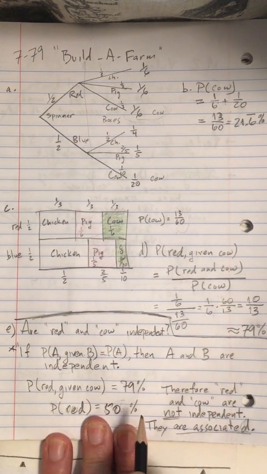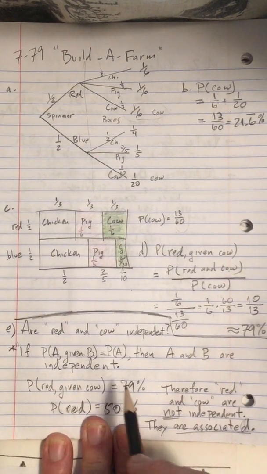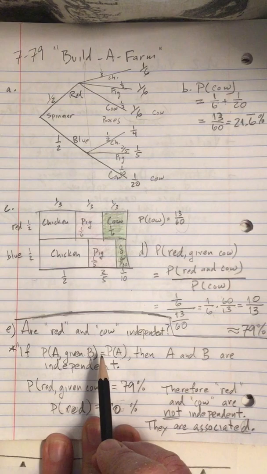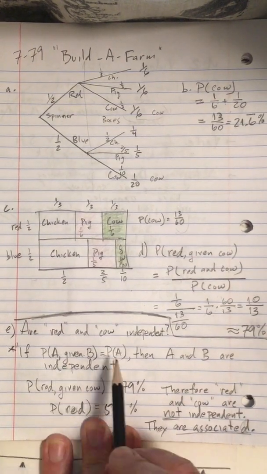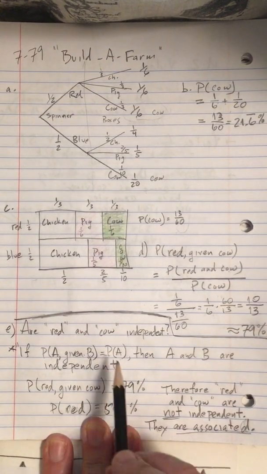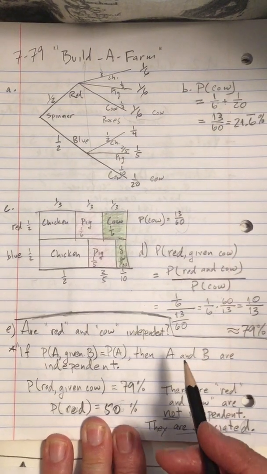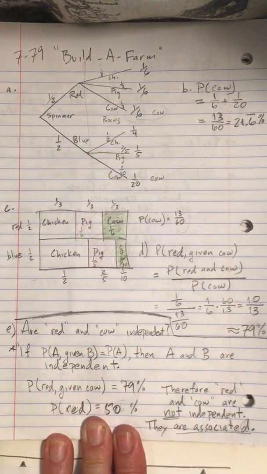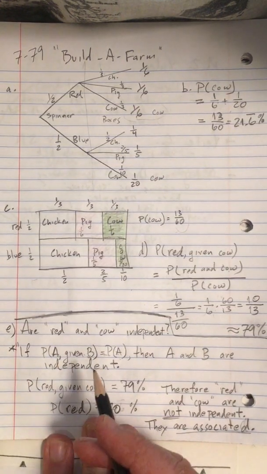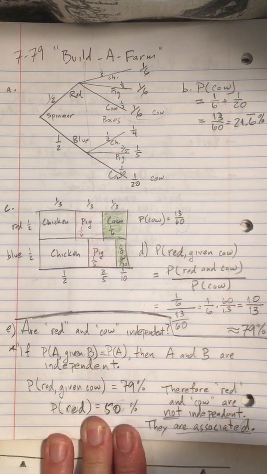So they're not the same number, in other words. 79% does not equal 50%. So this equation does not work for these two events. That means that A and B are not independent. If it equaled, then they would be independent. If it doesn't equal, then they are not independent.